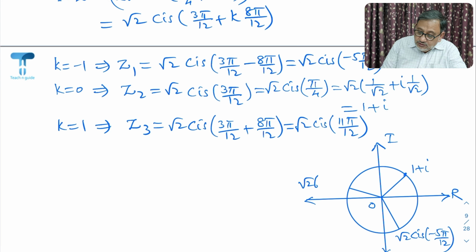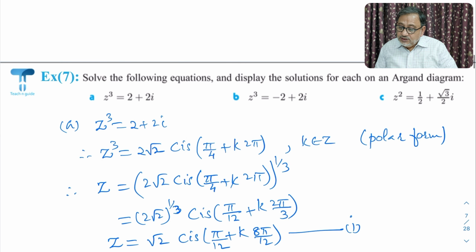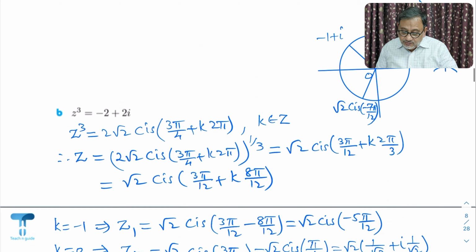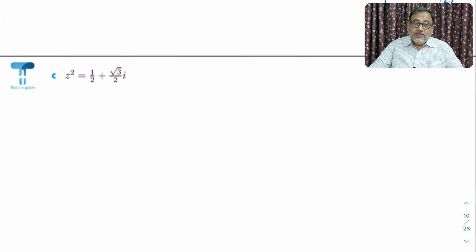So here also I should write cis (11 pi by 12). So like that I have completed this, okay. There is third one, z square, okay, let us do that. Yeah, z square. So z square means that just the two roots will be there, okay.